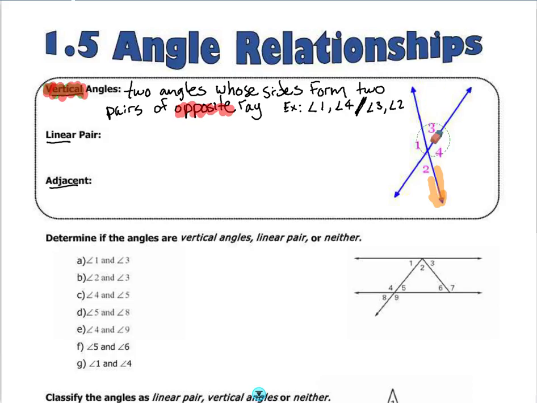Okay? Linear pair angles are two angles that have to be adjacent, so two adjacent angles whose non-common sides, non-common means they don't have them in common, non-common sides are opposite rays.